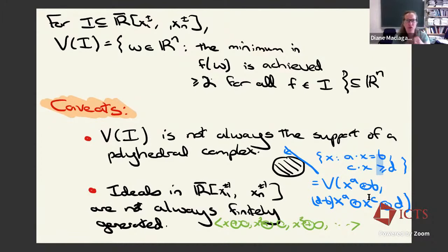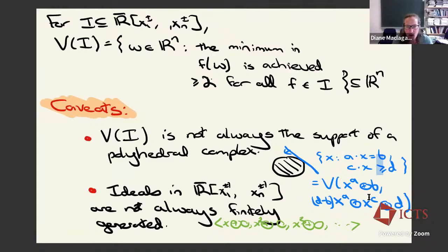Okay, so we're getting things that are not polyhedral complexes. And from the point of view of some of the power of tropical geometry over the last 20 years, it has been precisely that we've turned complicated questions in algebraic geometry into simpler combinatorial questions. So this is a potential problem.